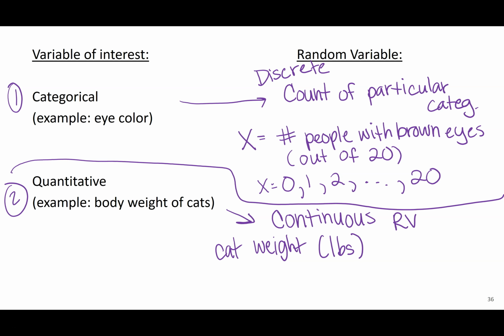We should, probably. If you're collecting body weights of cats, your random variable is just going to be the body weights of cats. It's a little bit different if you have a categorical variable. You're going to pick one of the categories, and usually it will be the count of a category, and that will be a discrete random variable. So it'll be this first scenario, collecting something categorical and having a discrete random variable, that we discuss this week.